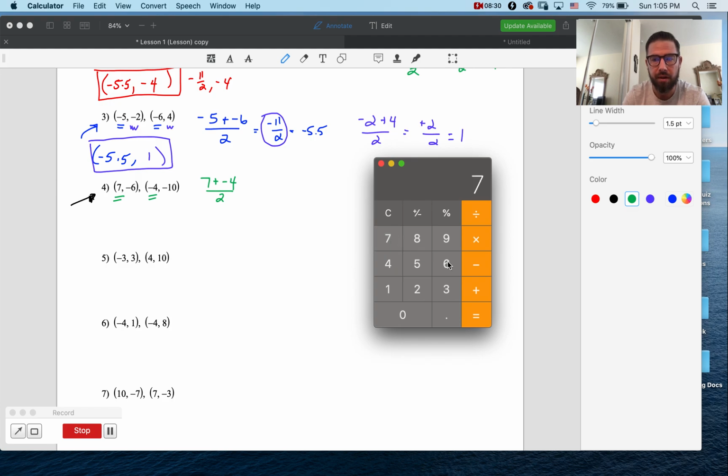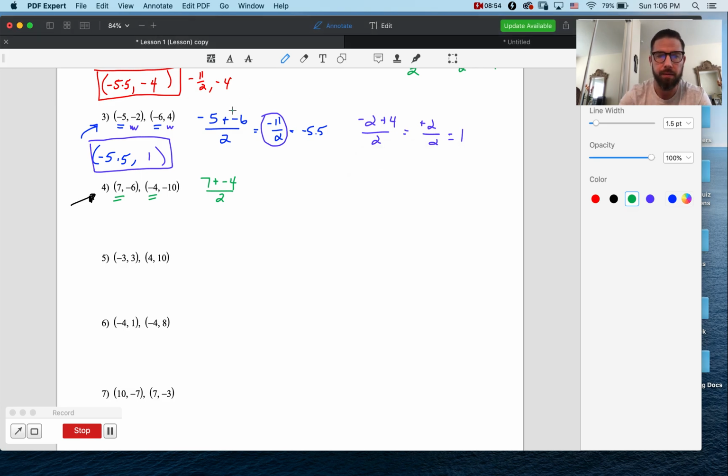I take my 4, and then I make it negative with that sign. So watch what I did. 7 plus -4, I make it 4 and then make it negative and hit equals, and then I divide it by 2. Divided by 2 is 1.5. So this guy is 1.5.